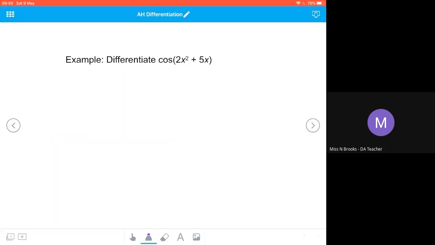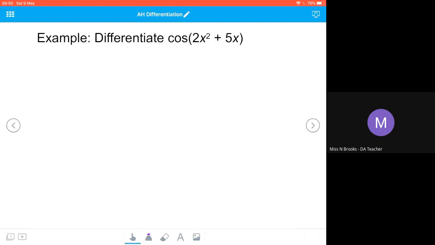So we need to be able to determine that sine x differentiates to cos x and cos x differentiates to negative sine x. That's not given to us on our formula sheet at Advanced Higher. But in this example, we want to differentiate cos of 2x squared plus 5x.